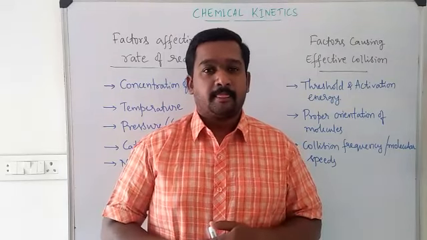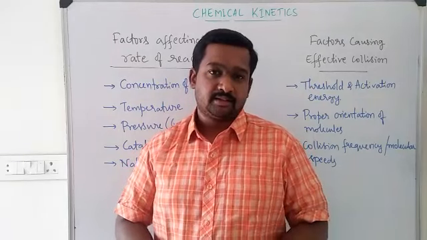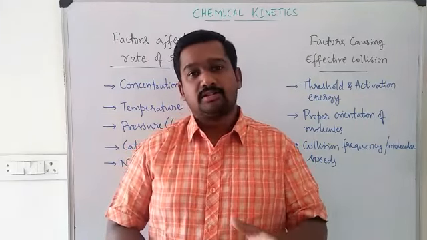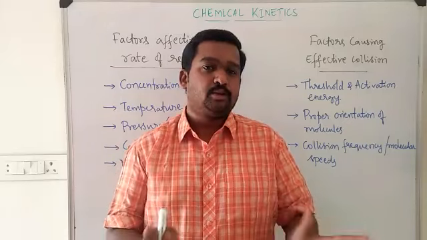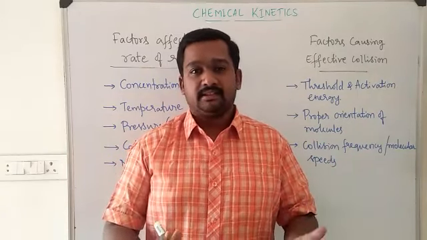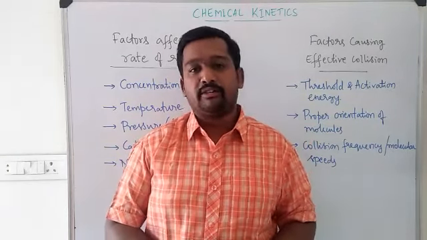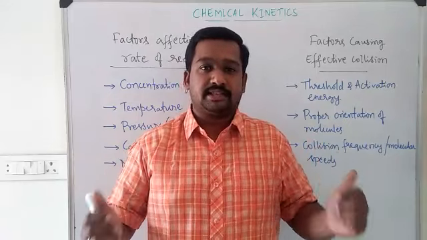Now let us see the factors that affect the rate of reaction and the factors that cause effective collision. There will be usually confusion between these two questions for students. Generally, they mix up the concepts or points while writing answers. So in order to avoid confusion, I have taken both the lists here.